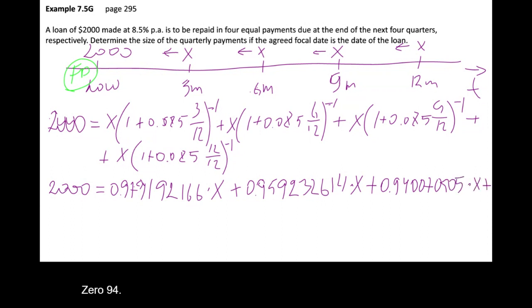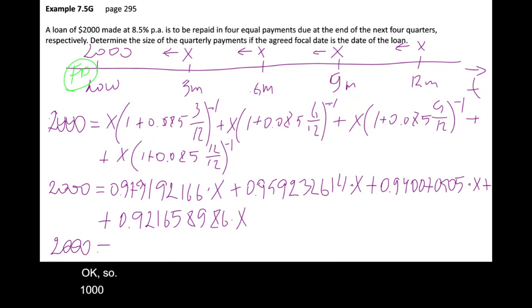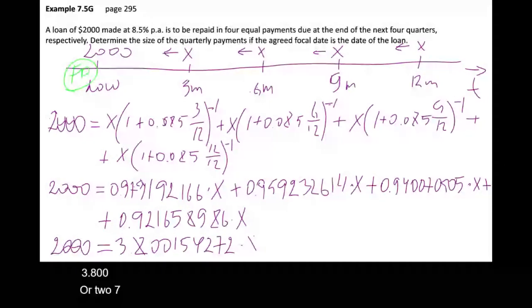Okay, and one more term. Plus 0.92. Okay, so 2000 equals 3.8005472 times x.